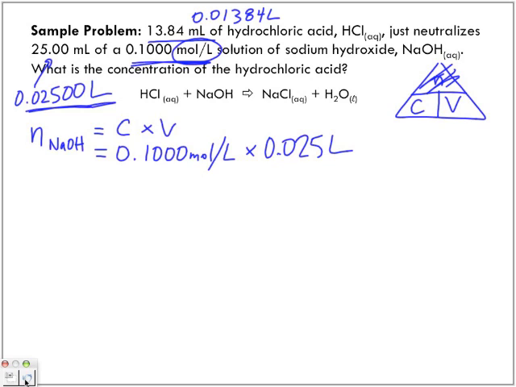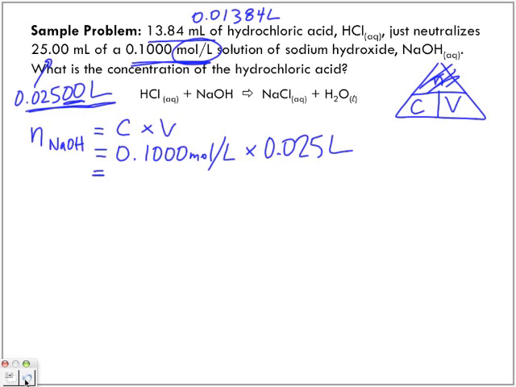Notice here I decided to drop the 2 zeros just to keep things a little bit clean. But remember, what is the least number of significant digits in my question? 4. So make sure you don't round off to anything less than 4 significant digits while you're working on it. Try to add an extra 1, extra 2. Remember, we don't want to round off until the very end.